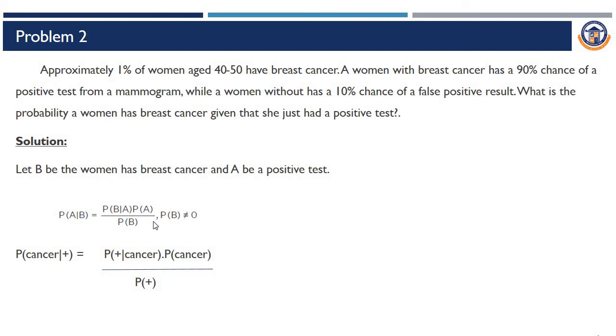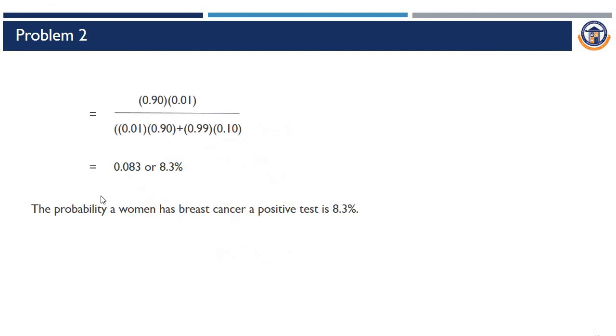Based on this Bayes theorem, we can write P(cancer given positive) is equal to P(positive given cancer) times P(cancer) divided by P(positive result). Taking all values from the problem, we get 0.083 probability, which in percentage is 8.3%. So the probability that a woman has breast cancer given a positive test is 8.3%.